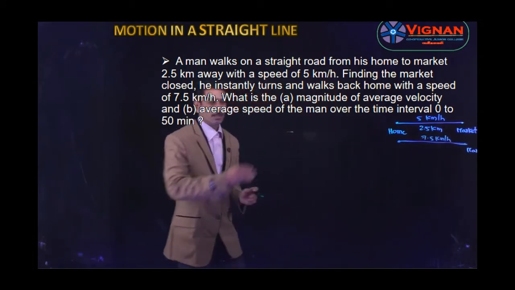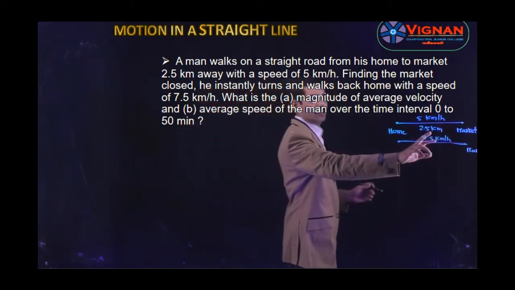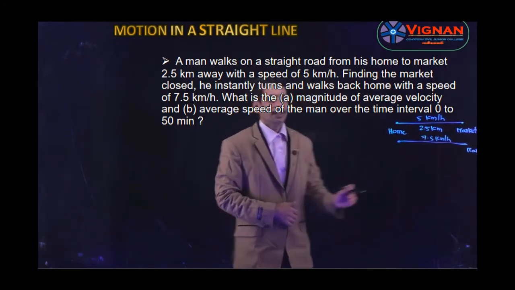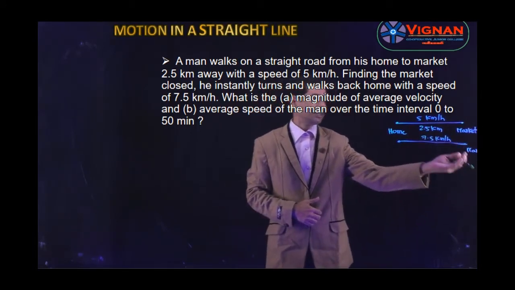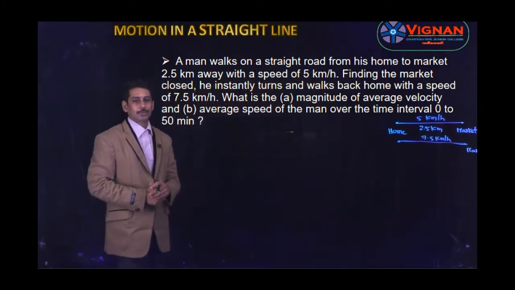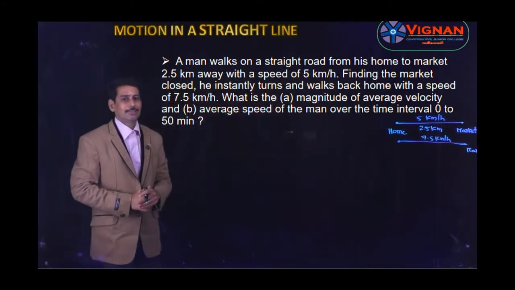So from the home to market the distance is 2.5 km, traveled with a speed of 5 km per hour, and finding the market closed, he gets back to the home with a speed of 7.5 km per hour. We are asked to find the average velocity and average speed.